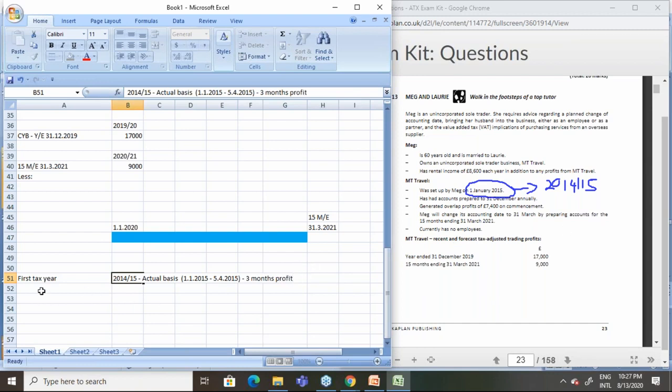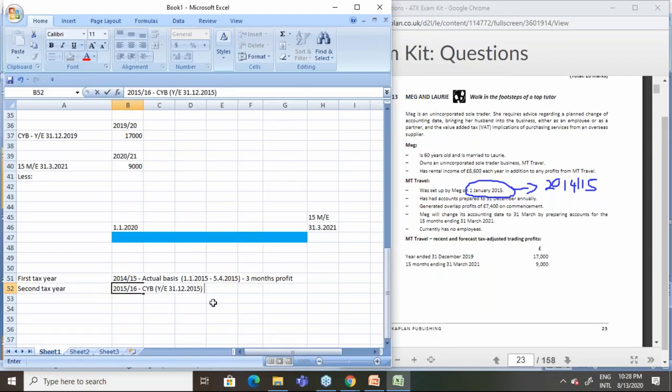And the second tax year, 2015-16, you would have used the current year basis because you have prepared accounts annually to 31st December. That means under current year basis, the year ended 31st December 2015 would have been taxed.